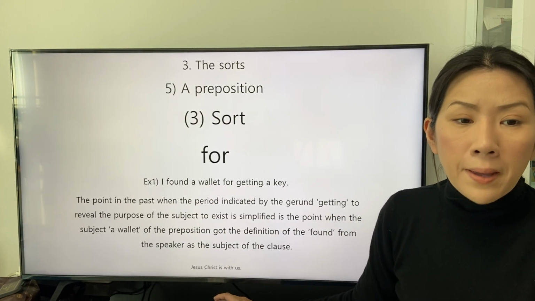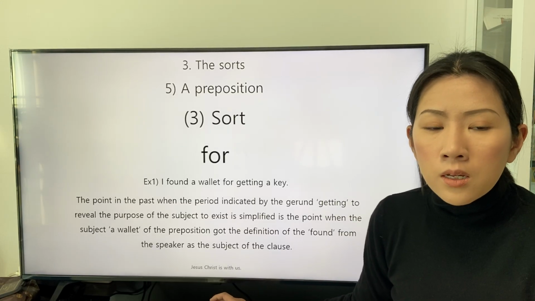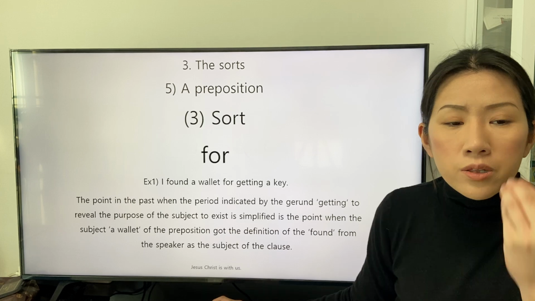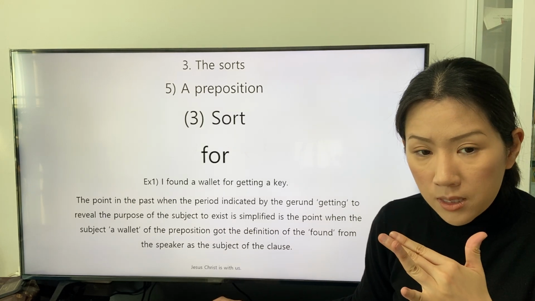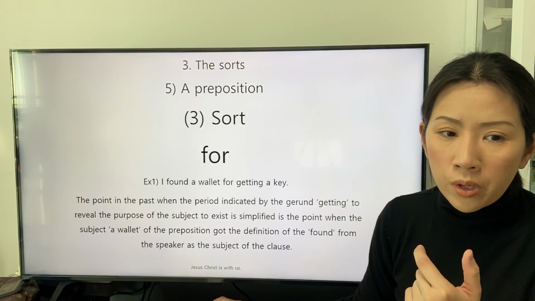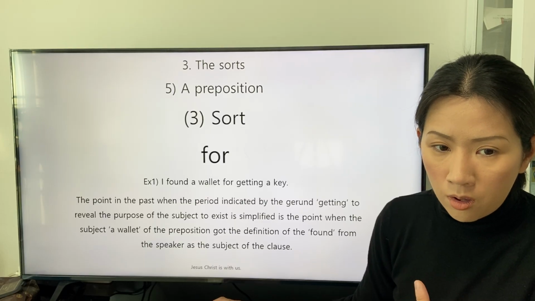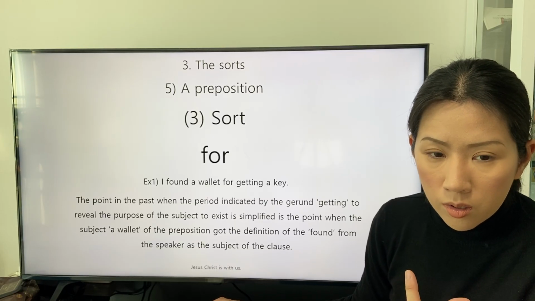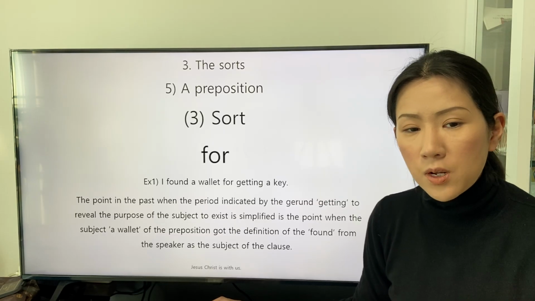The point in the past when the period indicated by the gerund getting to reveal the purpose of the subject to exist is simplified is the point when the subject a wallet of the preposition got the definition of the transitive verb found from the speaker as the subject of the clause.